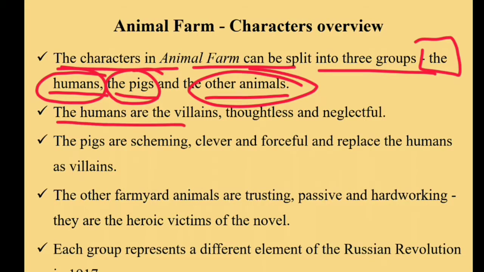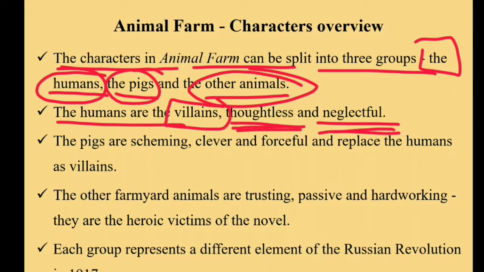The humans are the villains, thoughtless and neglectful. I told you that animals are much better as it is projected through the novel. Okay, here animals are much more better than human beings. Human beings are thoughtless. Okay, they are insensitive and neglectful. They are neglectful towards the needs of the others.